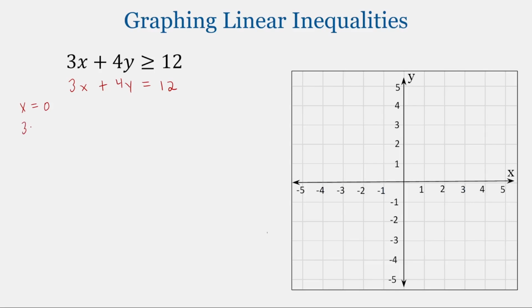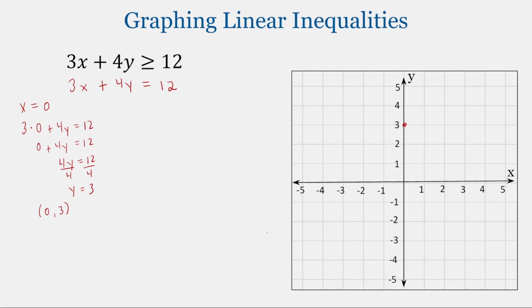So this is 3 times 0, plus 4y equal to 12. This gives us 0 plus 4y equal to 12. We now have 4y equal to 12, and dividing both sides by 4, we get y equal to 3. So our y-intercept is the point (0, 3).